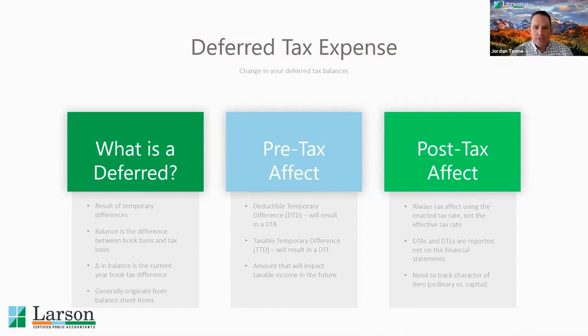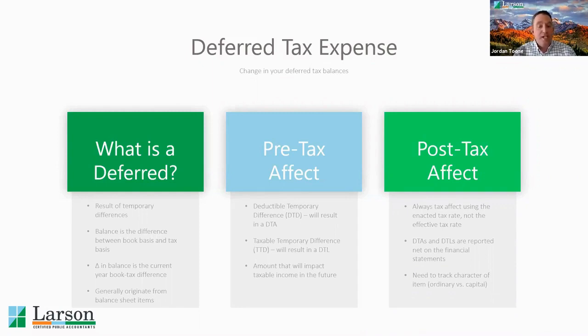You'll hear me refer to pre-tax, post-tax. And so pre-tax, sometimes people call these gross deferred tax assets or gross deferred tax liabilities. It's not technically correct in the terminology, but pre-tax is essentially deductible temporary differences. And so a deductible temporary difference results in a deferred tax asset once you apply the tax rate.